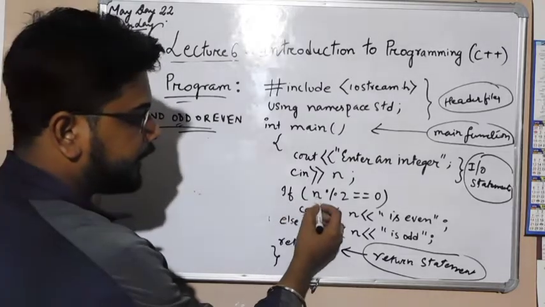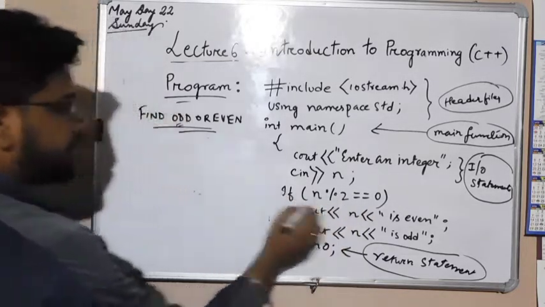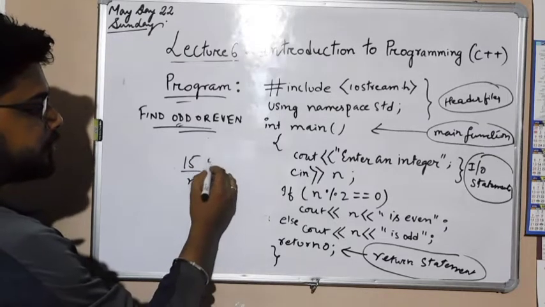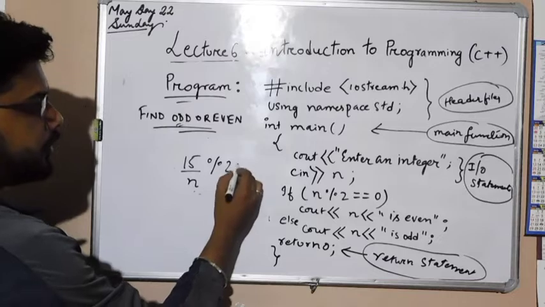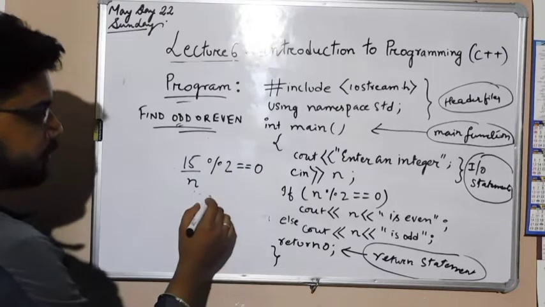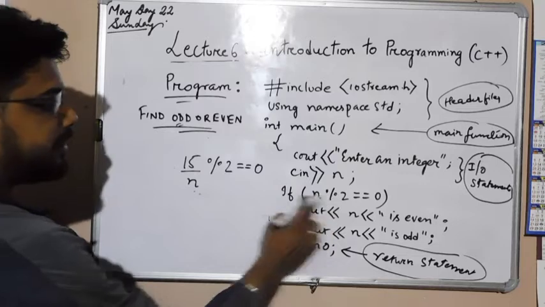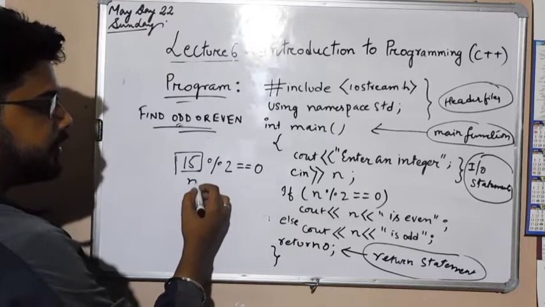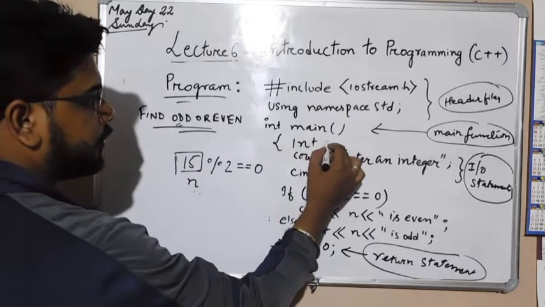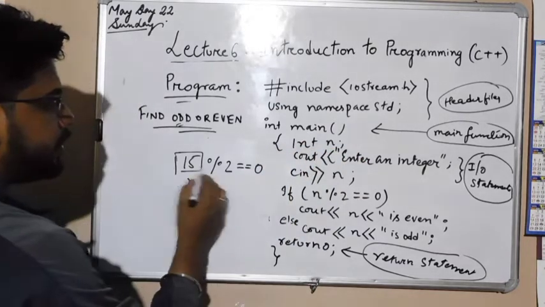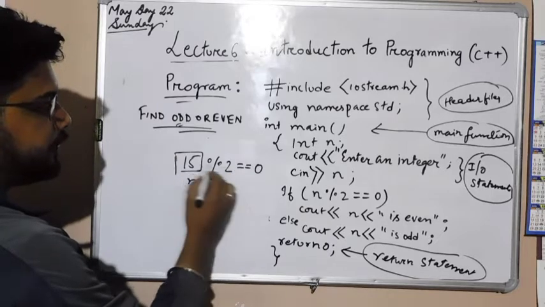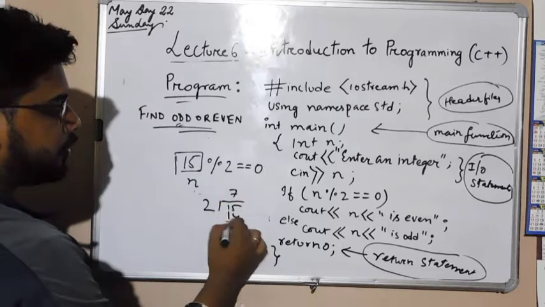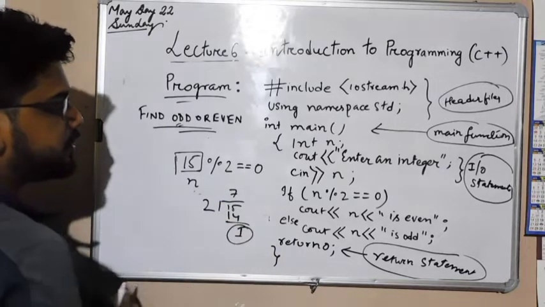If n%2 equals 0, that means whatever is the number. For example, you have entered the value of n as 15. So 15 mod 2, that means 15 divided by 2, the remainder is 1. So is it equal to 0? No.